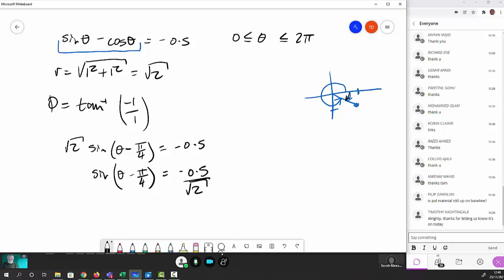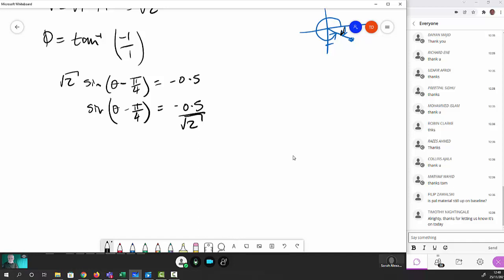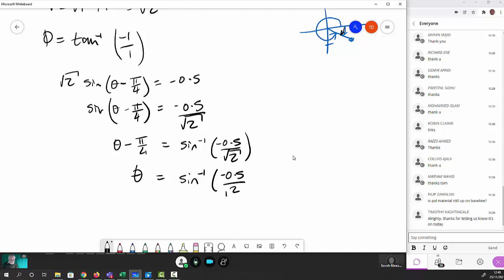So we can say that theta minus pi over 4 is equal to sine to the minus 1 of minus 0.5 divided by root 2. So theta is equal to sine to the minus 1 of minus 0.5 divided by root 2, plus pi over 4. Okay, so let's put that into a calculator.